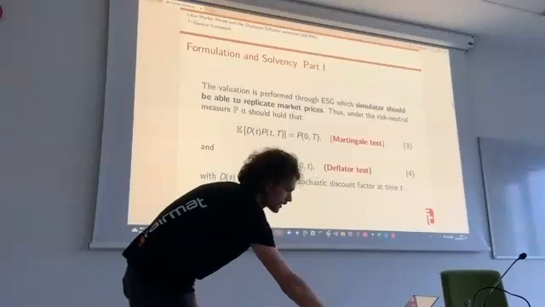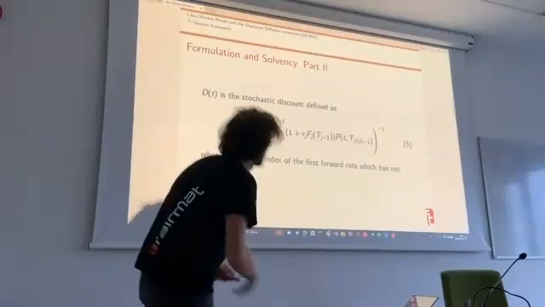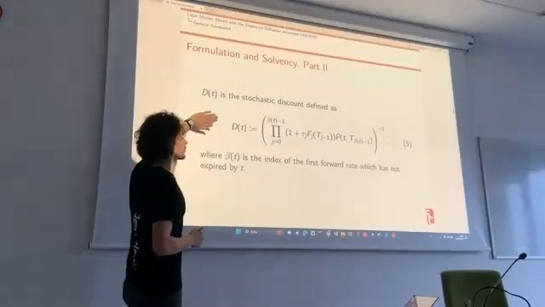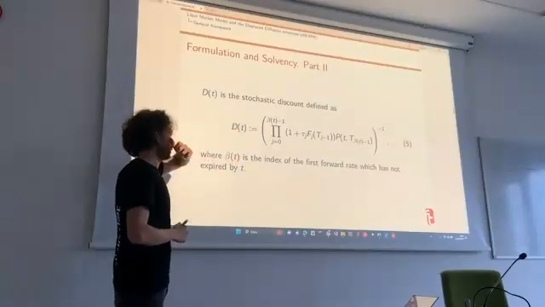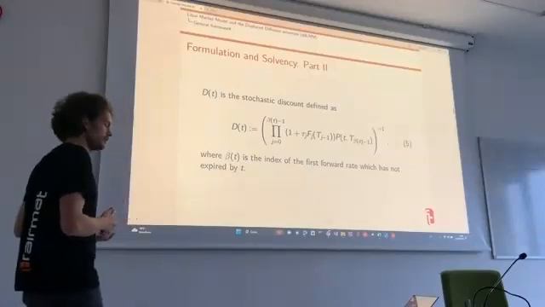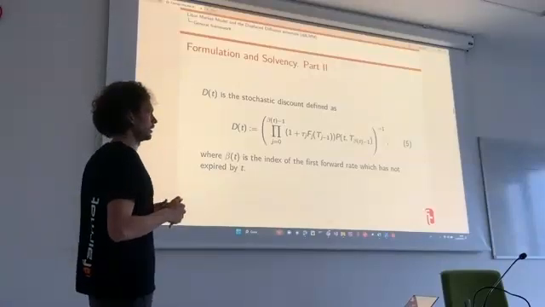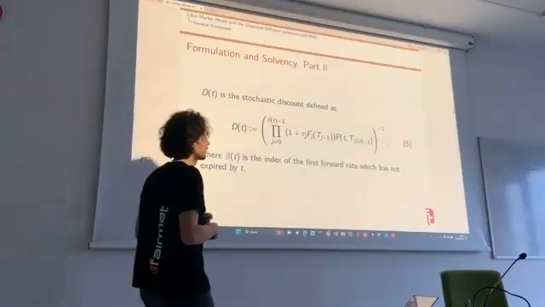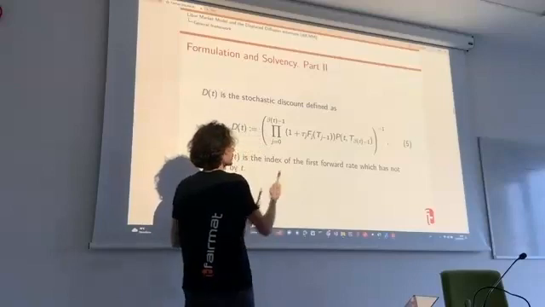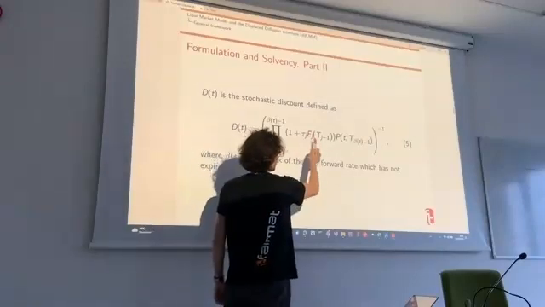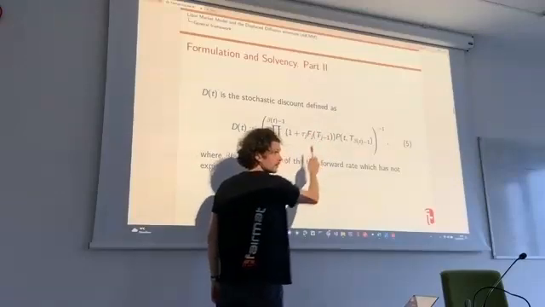Okay. So here I brought the definition of the stochastic discount factor inside, let's say, the Libor Market Model framework. More about it later. Why am I saying this? Because we represent the discount factor given the forward.